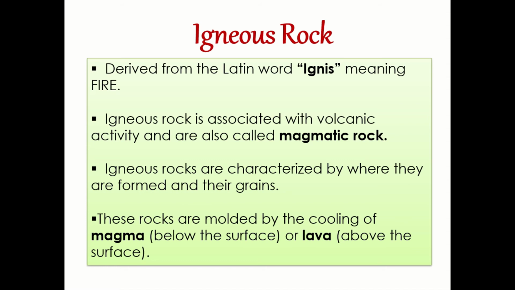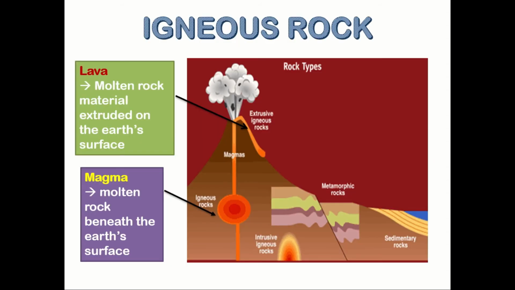Igneous rock is associated with volcanic activity and is also called magmatic rock. Igneous rocks are characterized by where they are formed and their grains. These rocks are molded by the cooling of magma below the surface or lava above the surface.